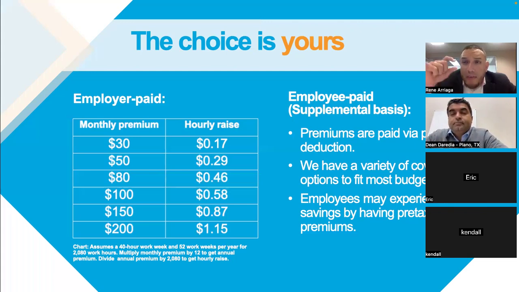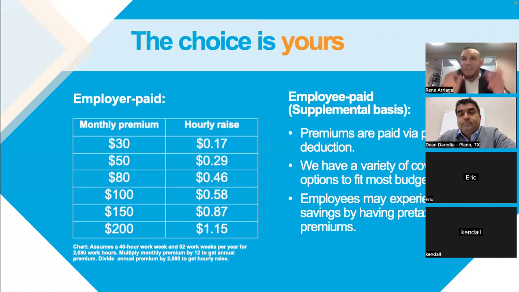So instead of giving them 17 cents more on their paycheck, imagine that somebody increased your pay. You've been here 3 years, and we're going to increase your pay 17 cents. Well, the employee's going to be pretty upset if you were to do that. Okay. So instead of doing that, Mr. Employer, why don't we, that equates to $30 a month.